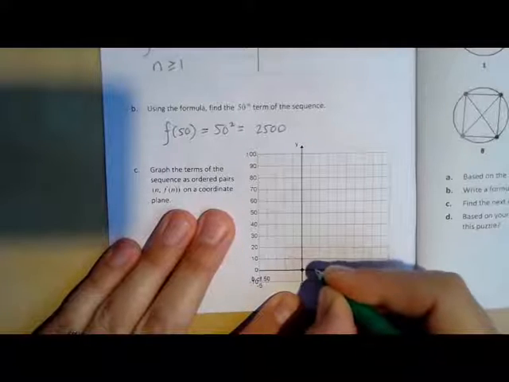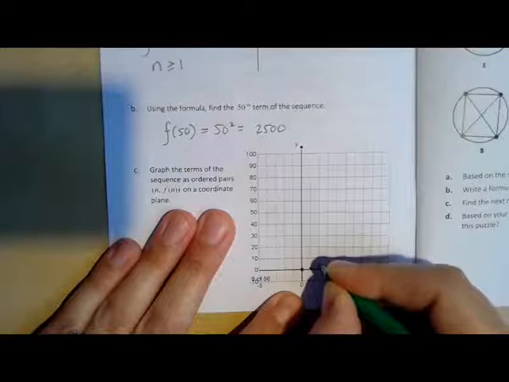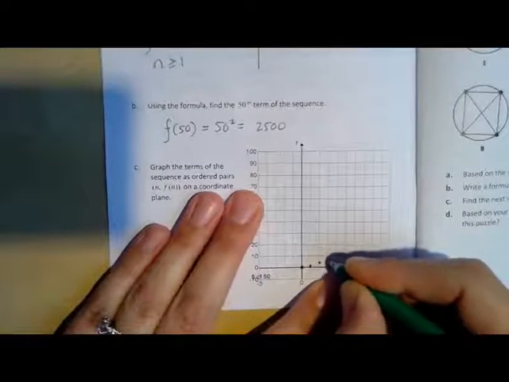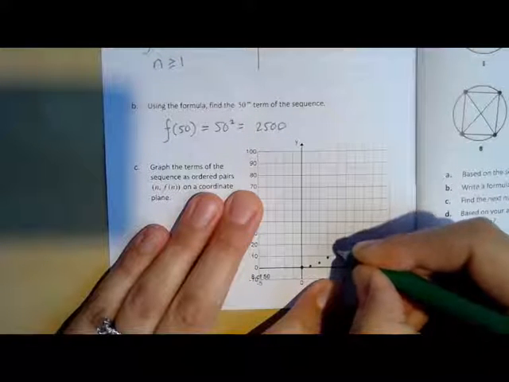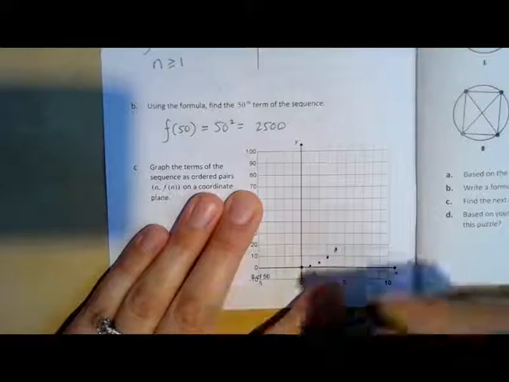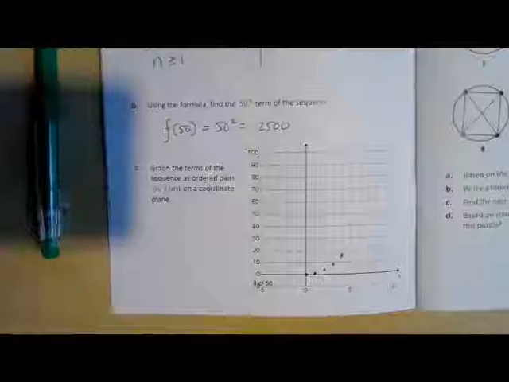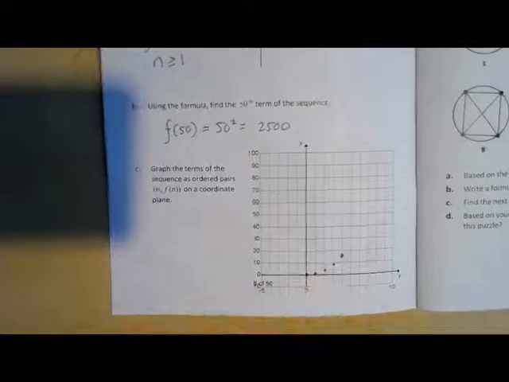Let's see, 3 squared is 9, so that's almost to the 10. 4 squared is 16, so it's halfway between. And then 5 squared is 25, and this is the point where I like to use my ruler.